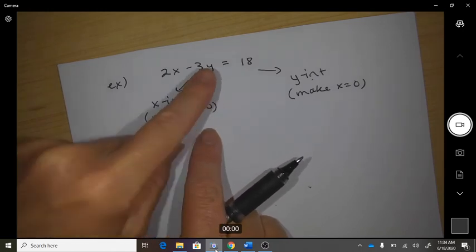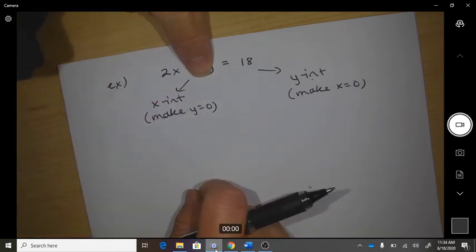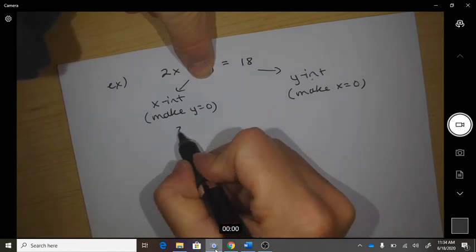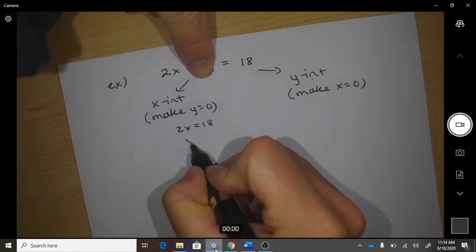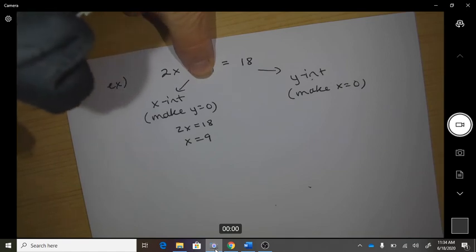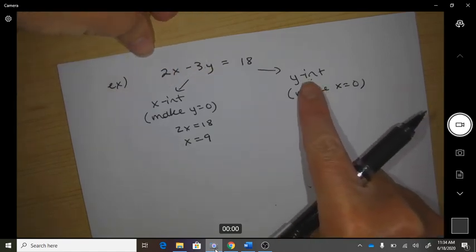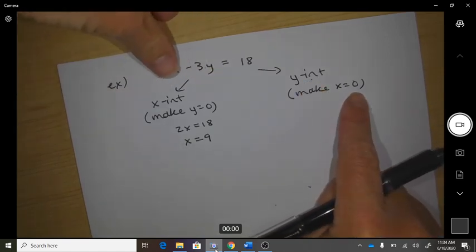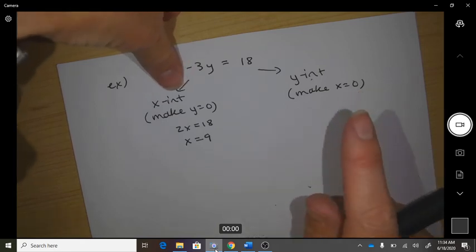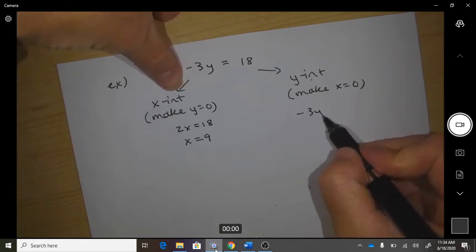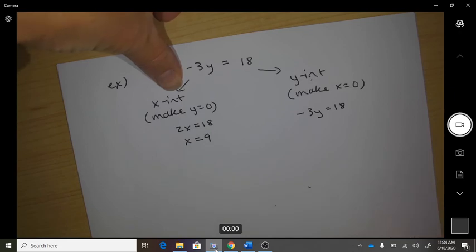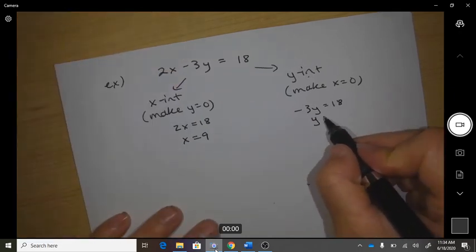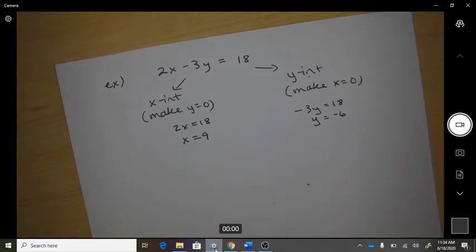So make y be 0, so I'm just going to cover it up. It's going to be gone. So 2x equals 18, so therefore your x-intercept is 9. For a y-intercept, make x 0, so I'm going to cover up the x term. So -3y equals 18. So now I get y to be -6.